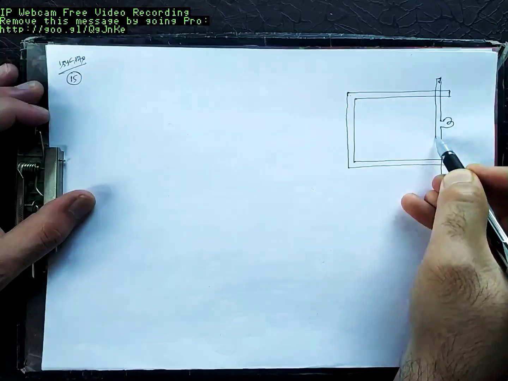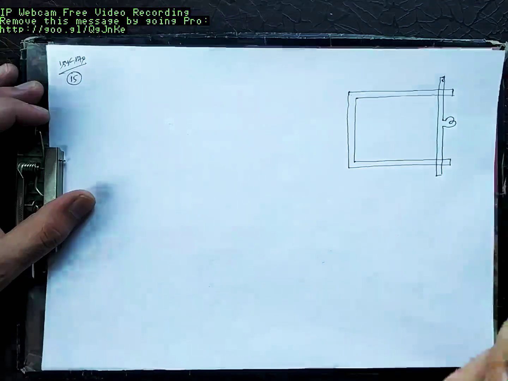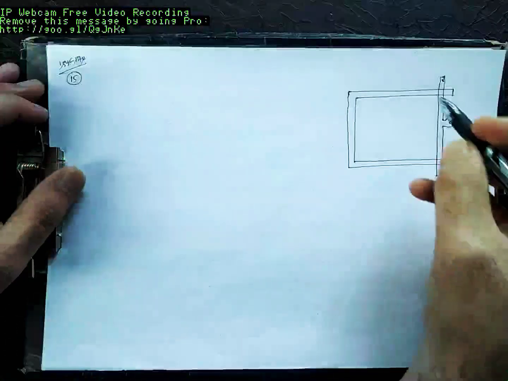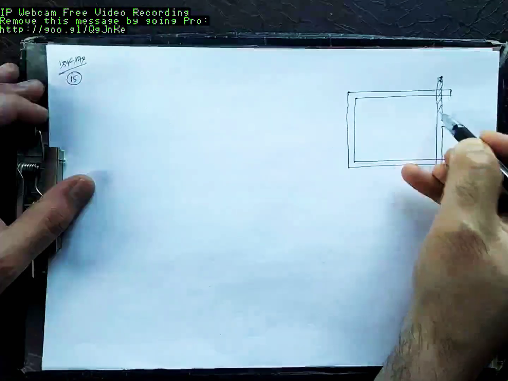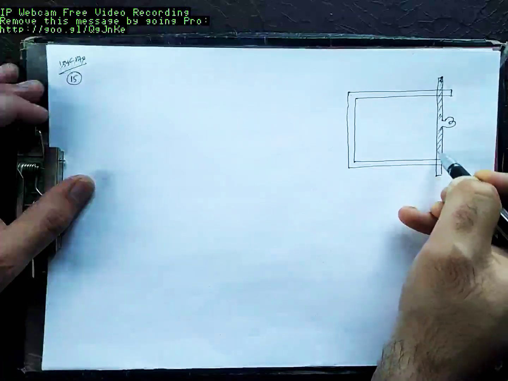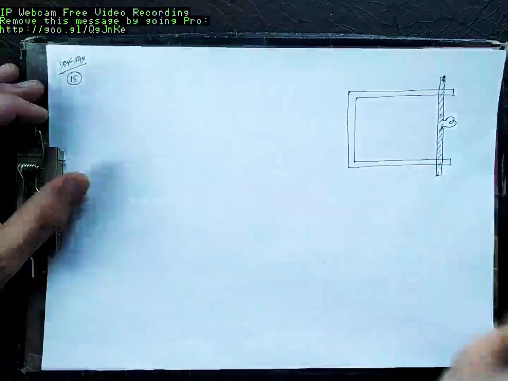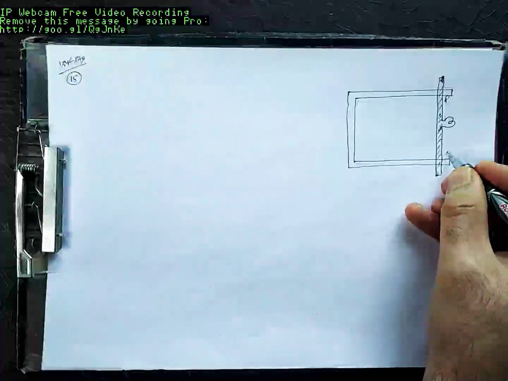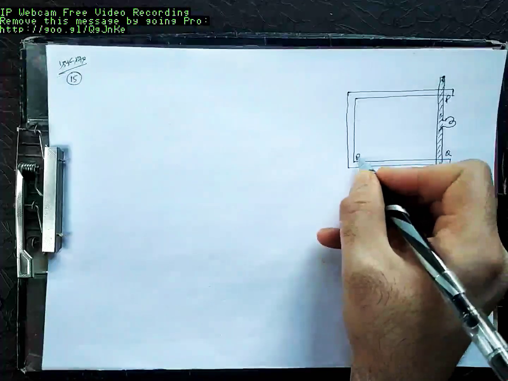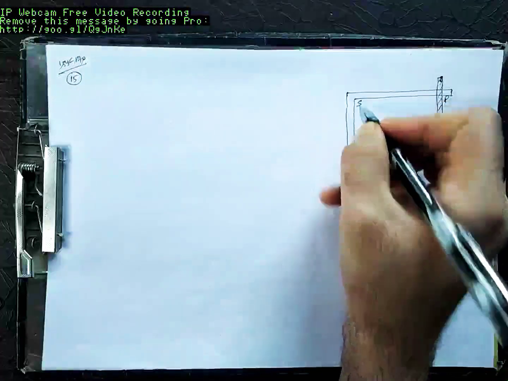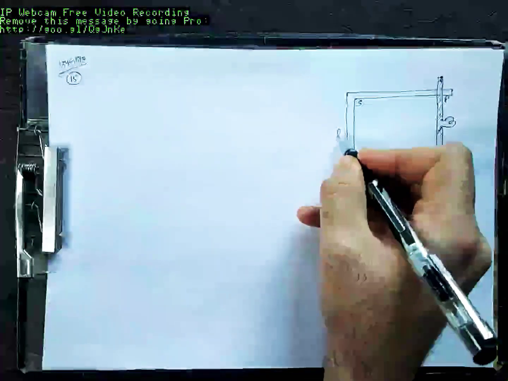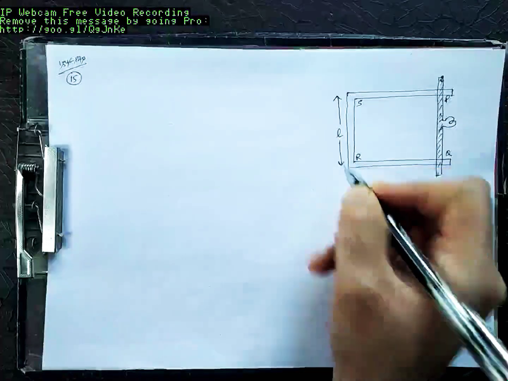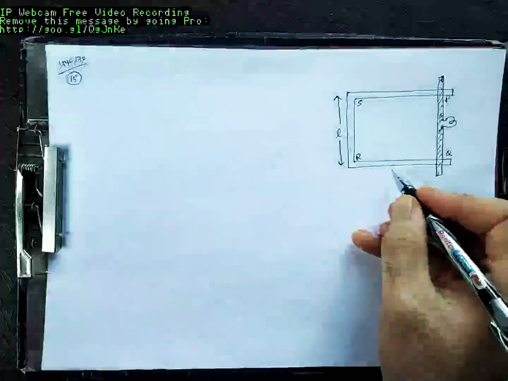Now I'm connecting a bulb in this branch that I'm moving. Again, this point is P, same circuit. This point is Q, this point is R, this point is S. This distance is L. This distance is X.